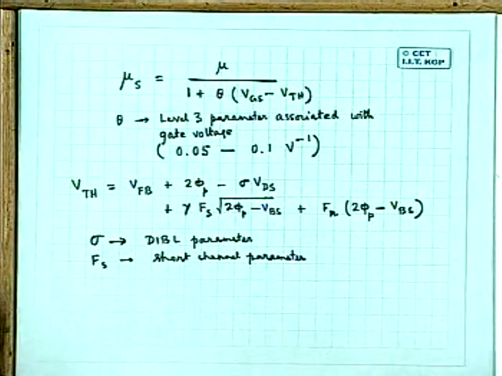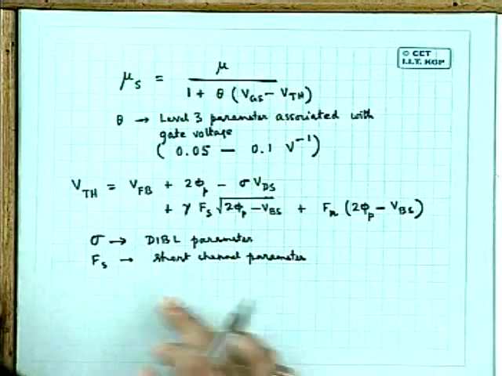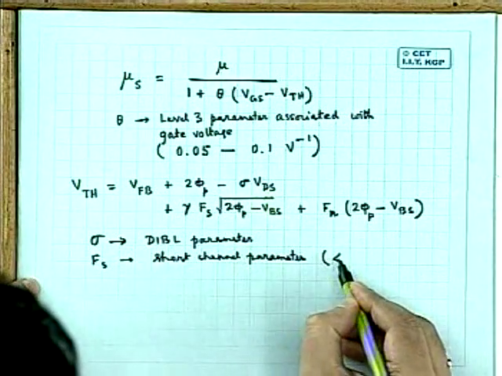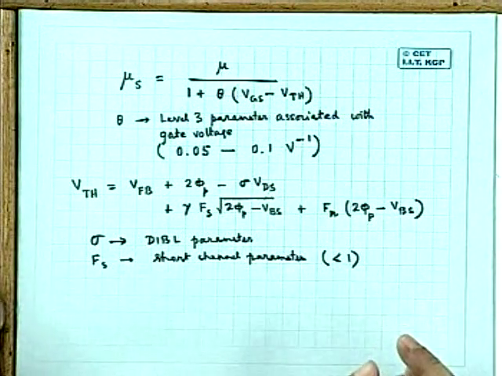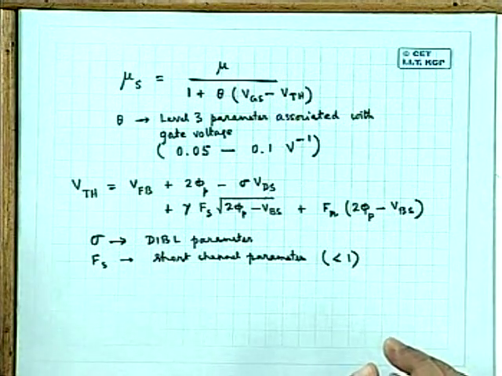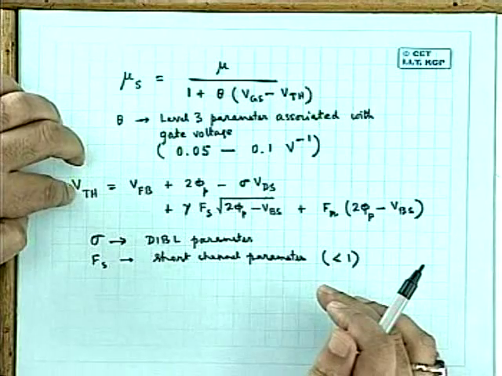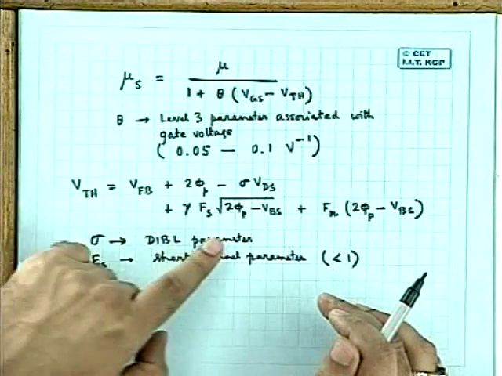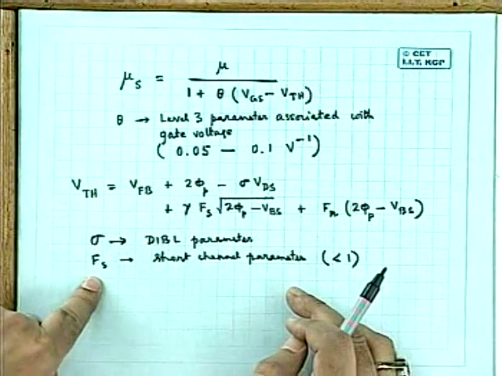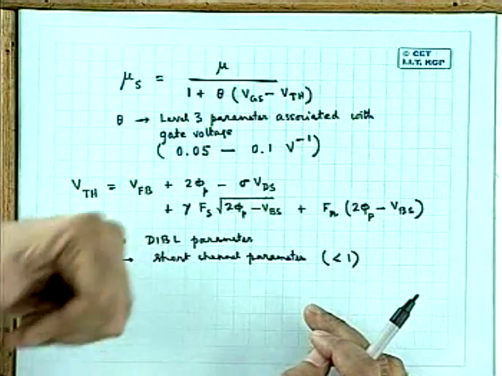is normally derived from the charge sharing model. You remember that? Short channel parameter, its value is less than 1. Normally derived from the charge sharing model, it has been found that it also gives you a dependence on VDS, but it cannot explain that fully. In practice, if you do not use the sigma VDS term for the threshold voltage and calculate the threshold voltage, you find a lot of discrepancy with experimental results. That means the charge sharing model, which determines the value of Fs, cannot fully explain the drain-induced barrier lowering.